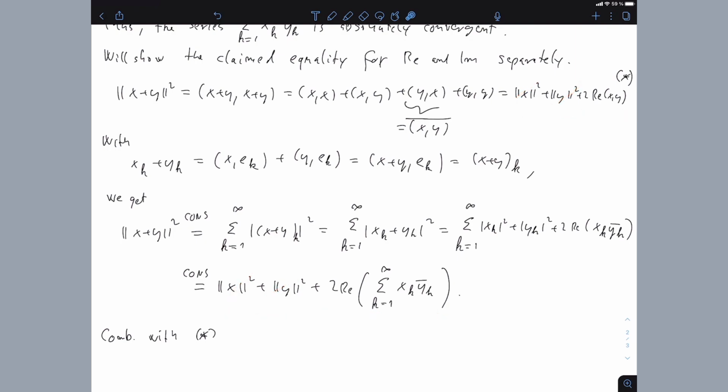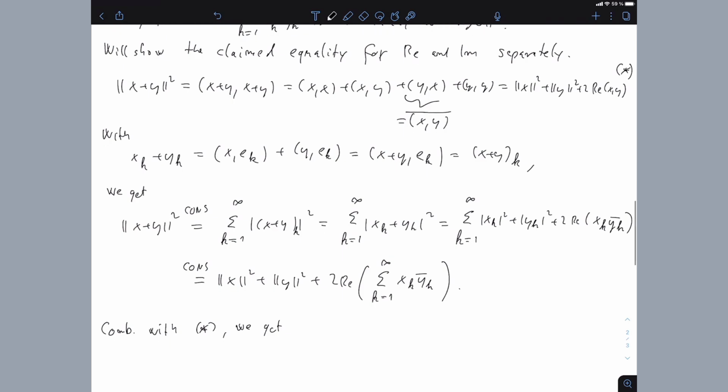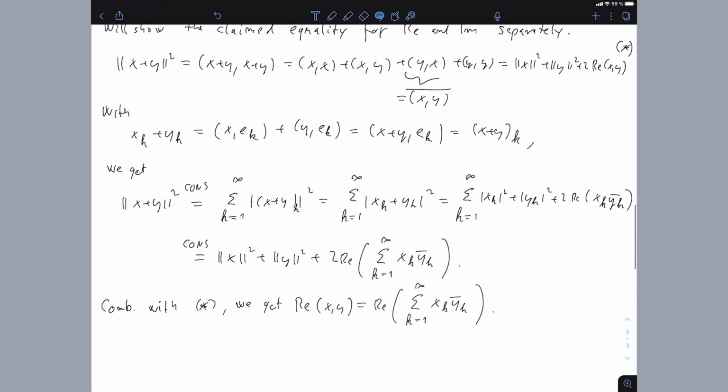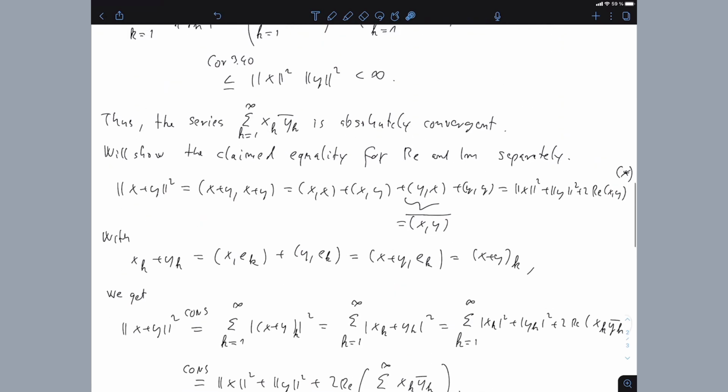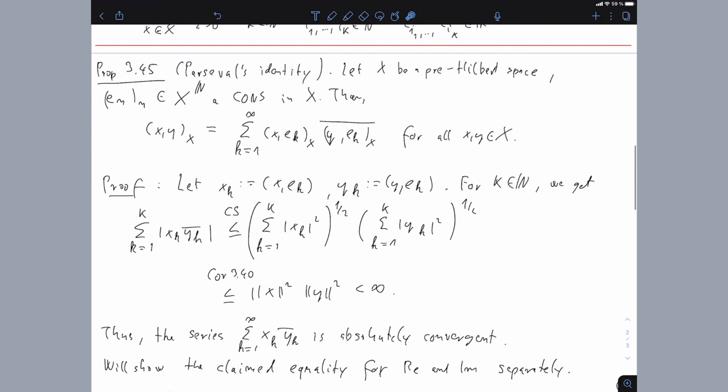And we can conclude that these two objects are the same. So we have that the real part of the scalar product of x and y is equal to the real part of this series, which is like half of what we wanted to show.